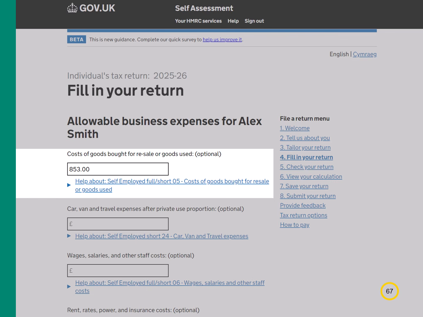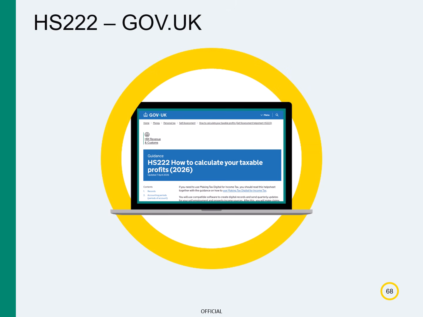The closing stock figure of £1,147 will also be his opening stock figure for his next accounting period. So remember to keep your paperwork showing your calculations for your next tax return. You can find more information about the cost of sales formula on Help Sheet HS222.